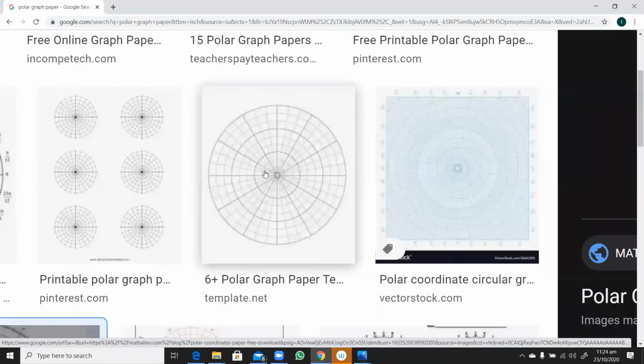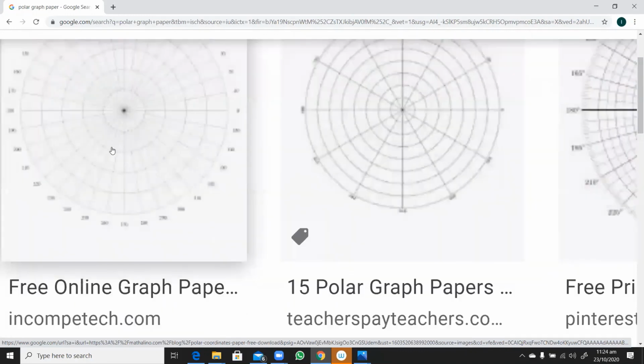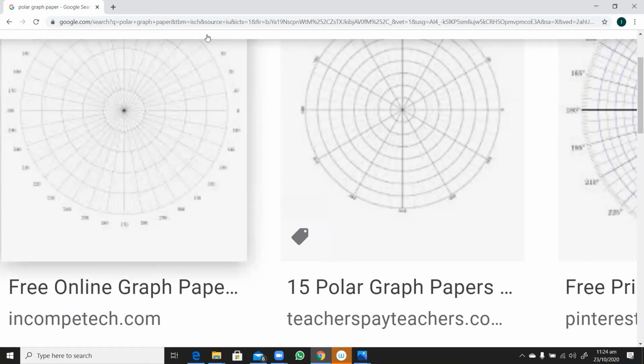I think I should enlarge this one. What do you see down here? These are the angles, 0, then I think 10, 20, 30 degrees. So you have different angles, and then you will be marking the value of r according to that angle over here.